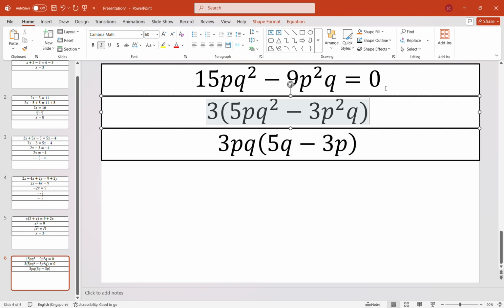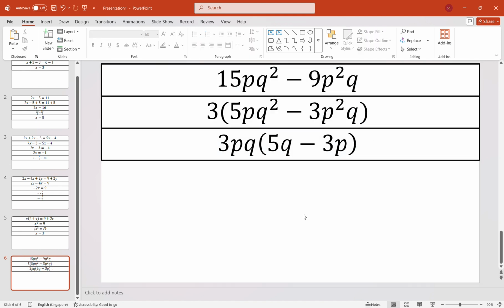And there's no way we can solve this further, or the 0 is kind of useless. So basically, the factorized form of 15pq squared minus 9p squared q is equal to 3pq (5q minus 3p).